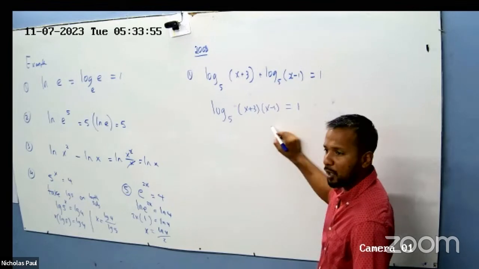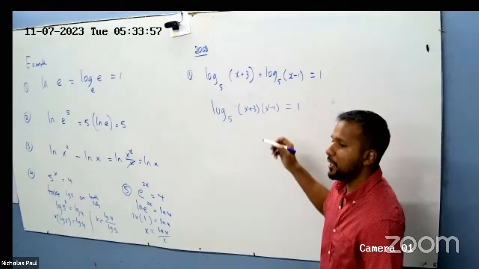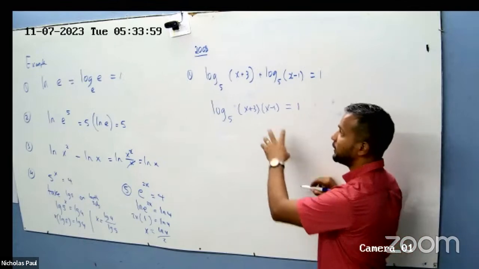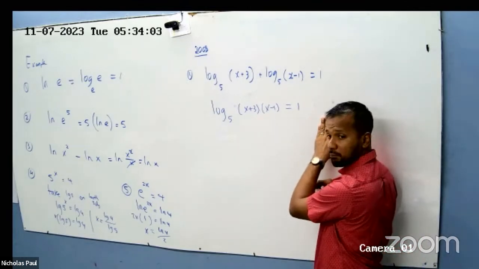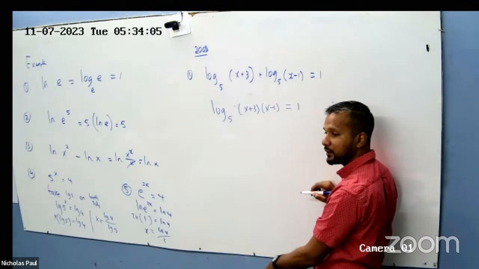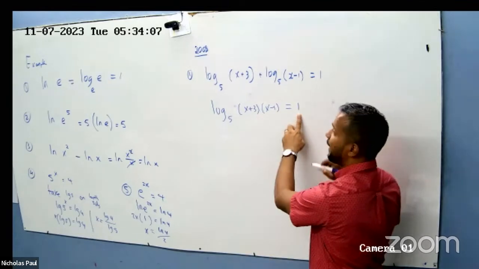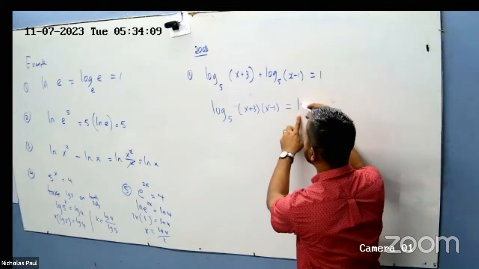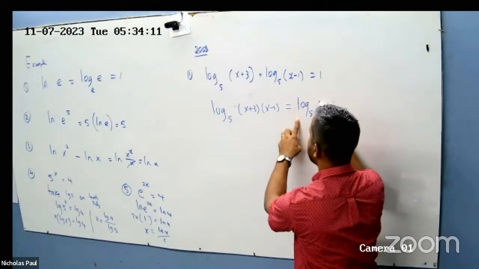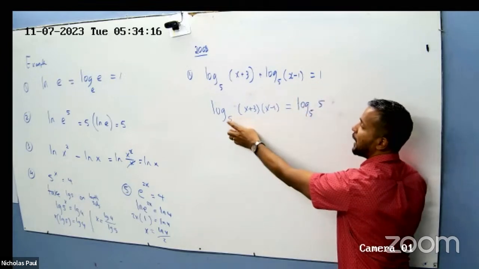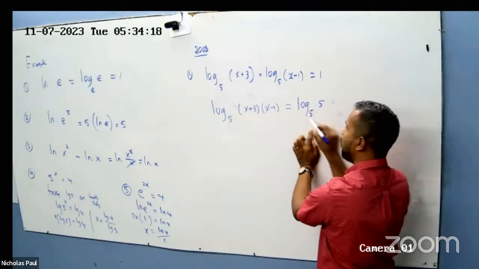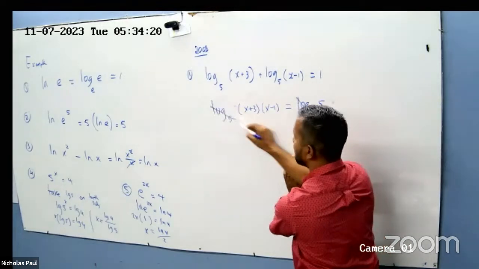Anybody remember how to do this? So when you reach here, you have two options. You can take this and convert to exponential form, right? And then solve it. Or instead of writing 1, you could write log to the base 5 of 5, because we know 1 is log to the base 5 of 5. And since we have log on this side and log on this side, we could cancel logs.